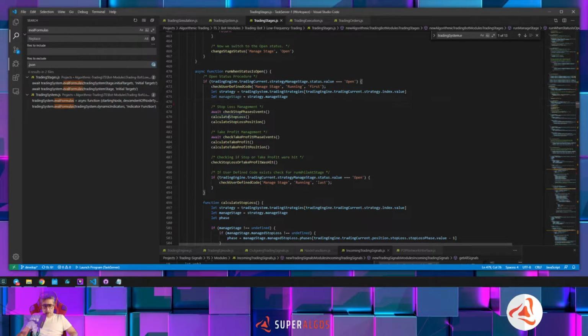So it looks like the calculation is done also here. Calculate stop loss, just here.